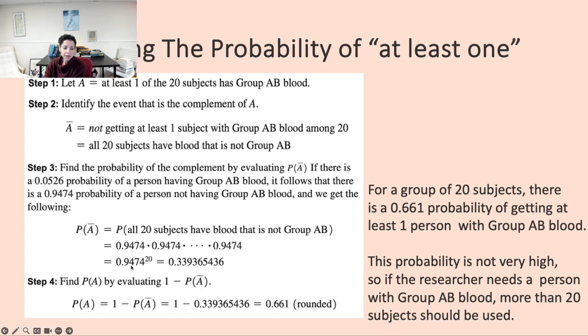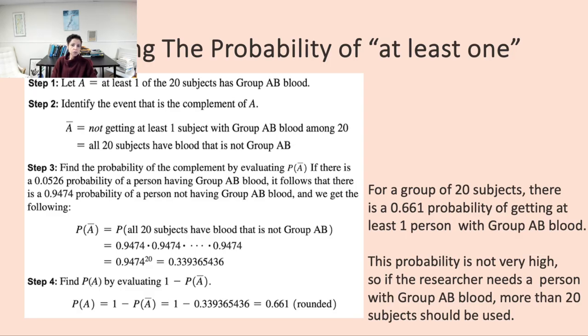So 0.9474 to the 20th power is equal to 0.339. That's the likelihood of picking 20 people and no one has AB blood. So the last step is, now that we know the probability of the complement, we find the probability that we will get one.